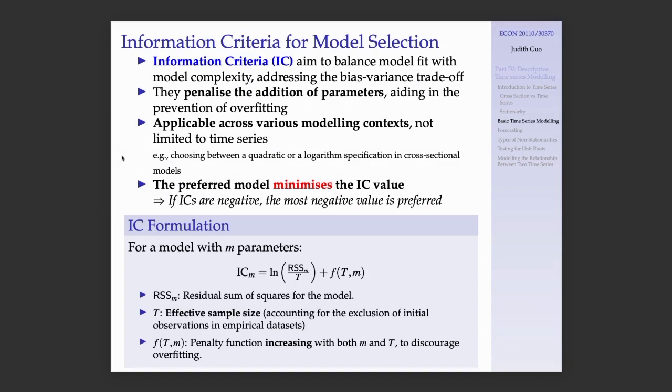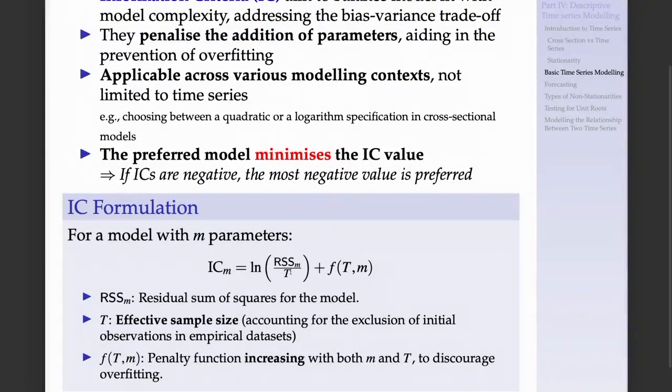In general, there are many different types of information criteria. Today we'll talk about the two most commonly used ones, which we'll see on the next slide. But all information criteria take the same form. The first term depends directly on the model fit, the residual sum of squares. The M stands for the number of parameters included in the model, so it's the number of slope coefficients plus 1.